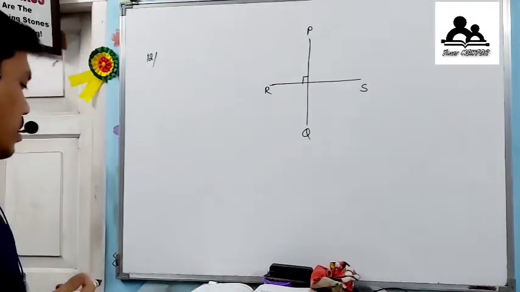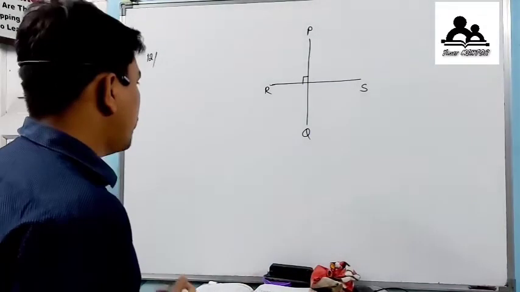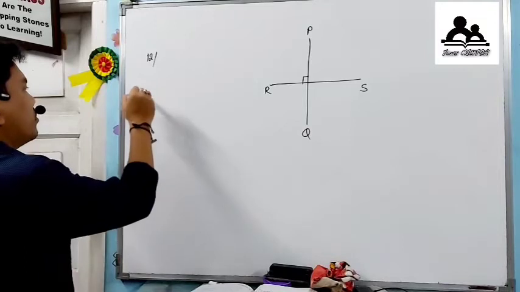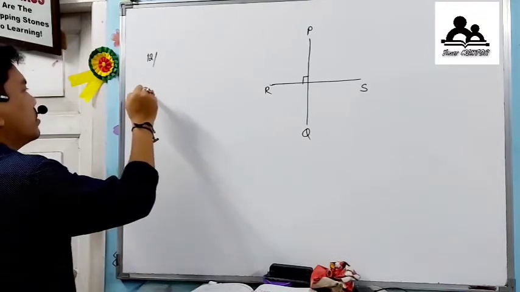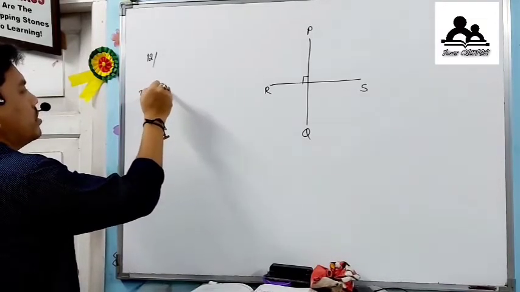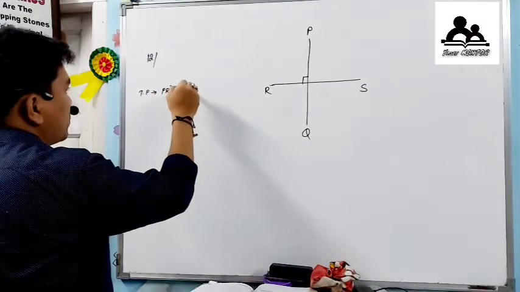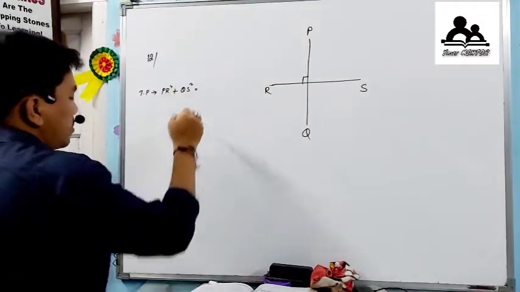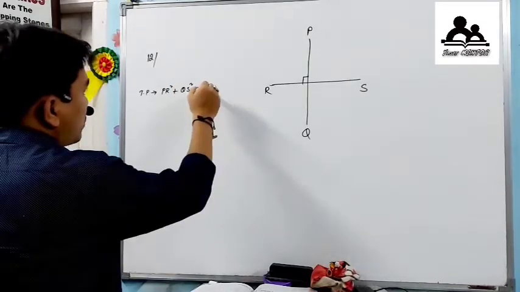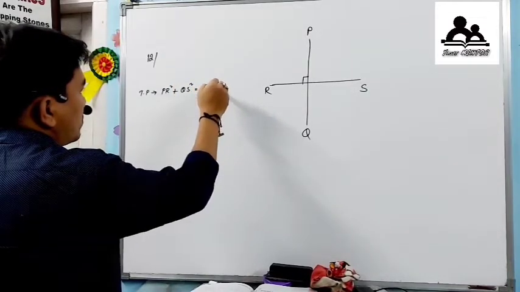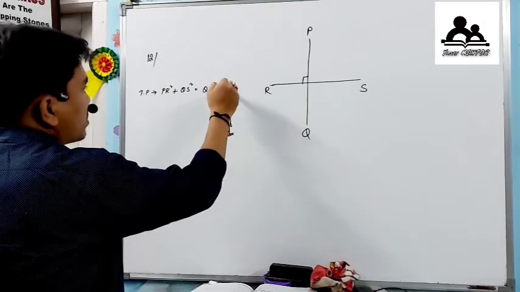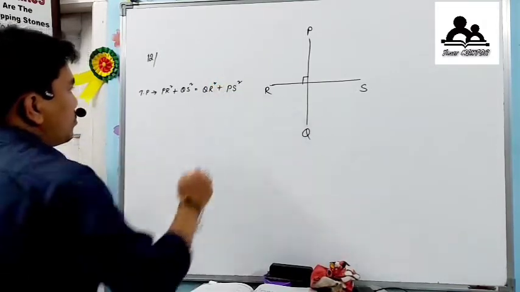Now we have to prove that PR square plus QS square is equal to QR square plus PS square. We need to prove this.